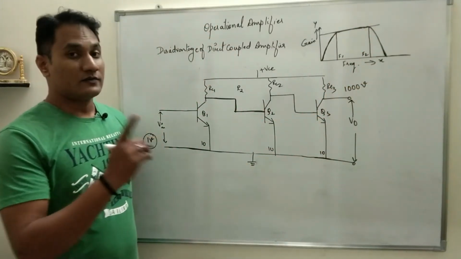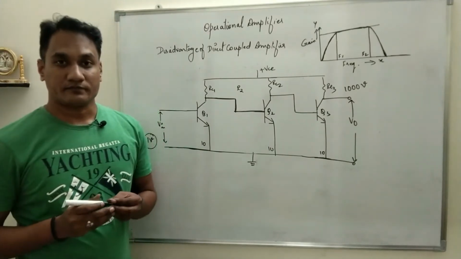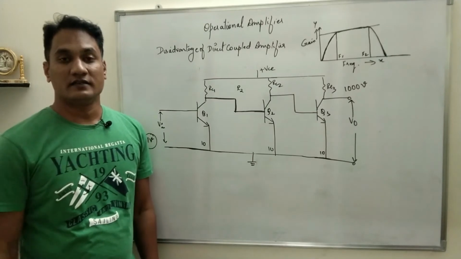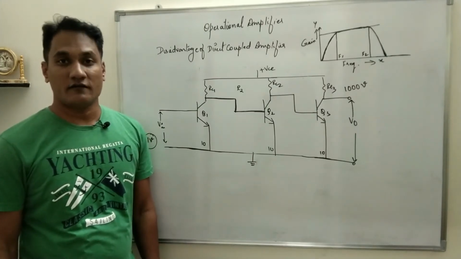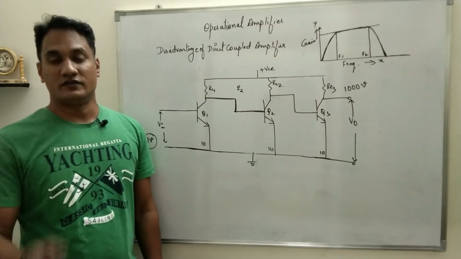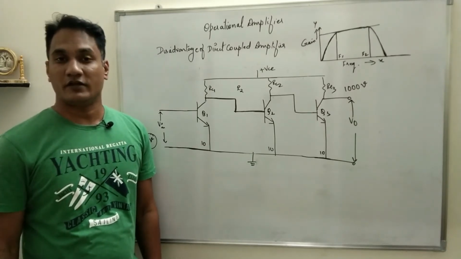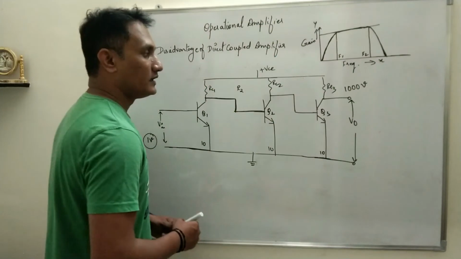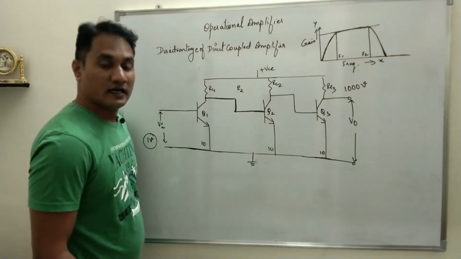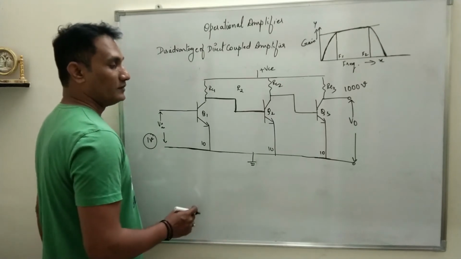And at high frequency, what was the second disadvantage? The second disadvantage was that at high frequency the amplification factor of the transistor decreases, which decreases the gain of the amplifier at high frequency. That is because all the transistors were NPN and they are connected in common emitter configuration.